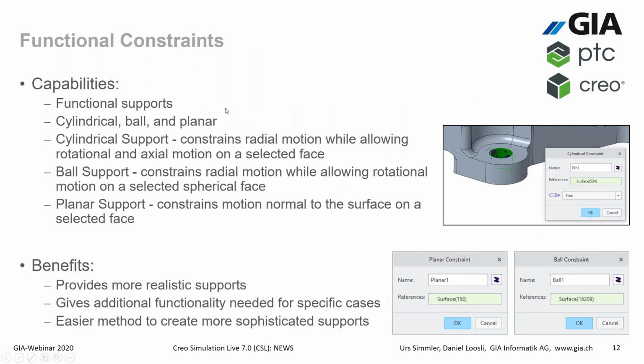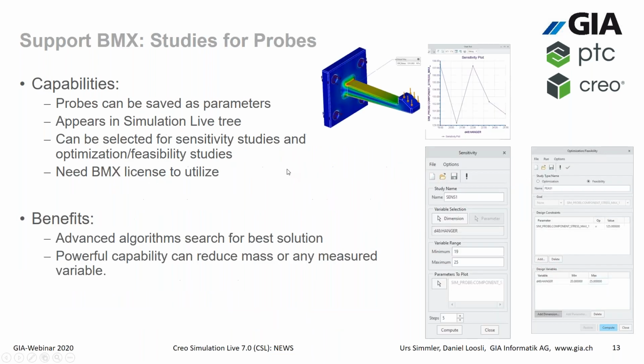By the way, we will see new constraining capabilities. As soon as you select a cylindrical object, you can create cylindrical constraints. The same with planar surfaces or other things here. So that's much easier to define.